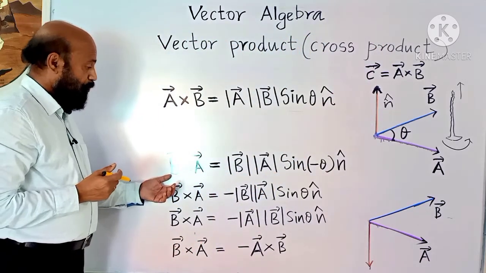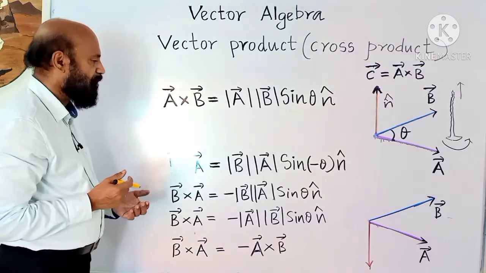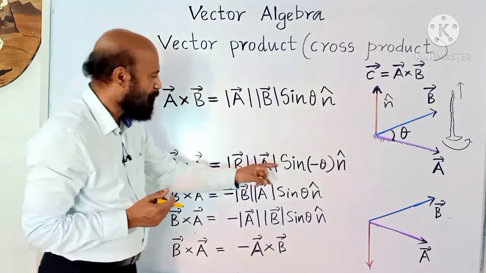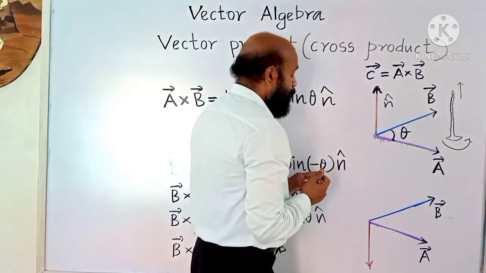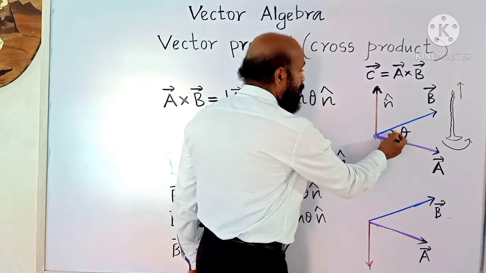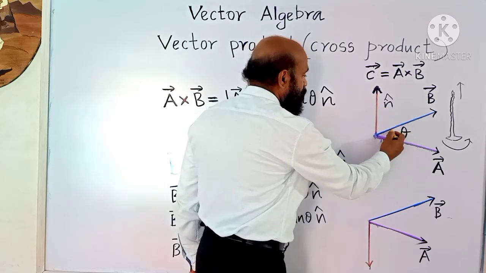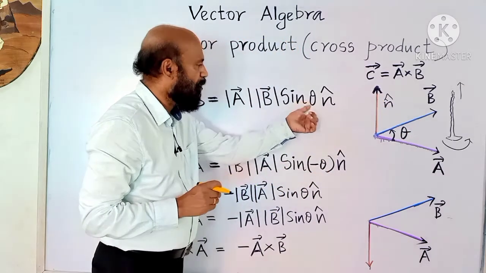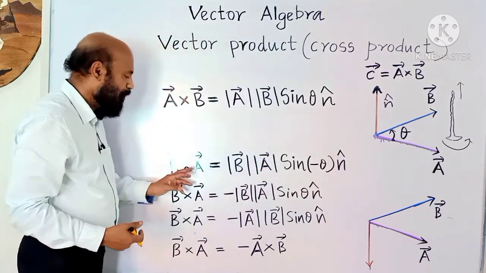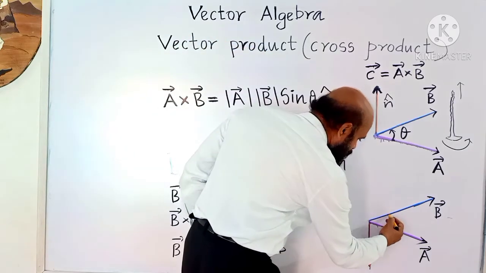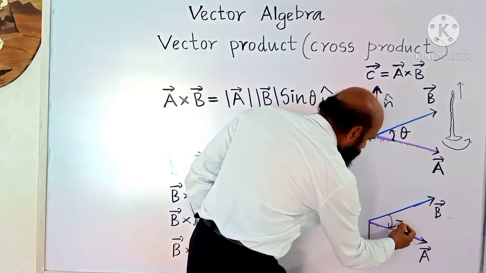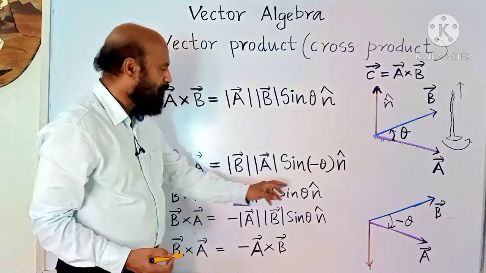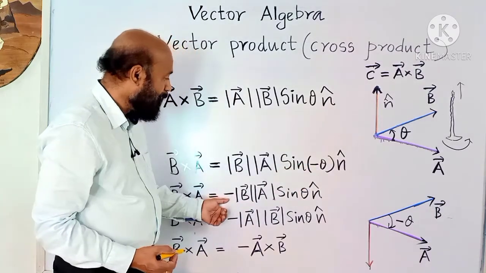Now let us see what B cross A is. B vector cross A vector is modulus of B, modulus of A, sine of minus theta. Here theta is the angle between A and B. The convention is that anti-clockwise rotation is taken as a positive angle. So B cross A is minus theta, then n cap, but sine of minus theta is minus sine theta.